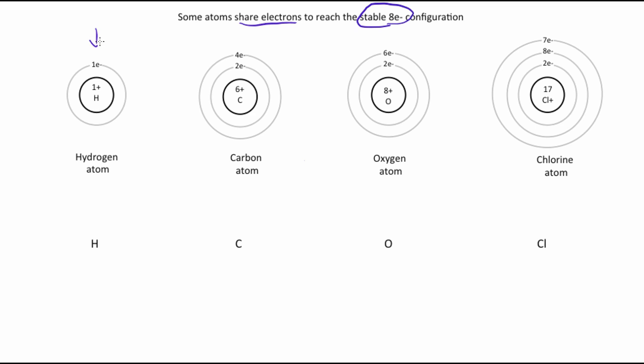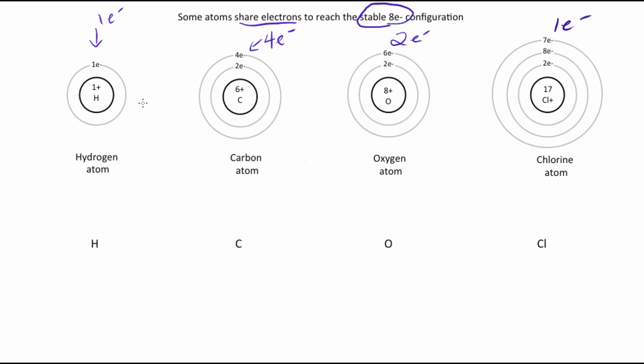If this hydrogen atom had one more electron, it would look like helium, so it would have a stable configuration of electrons. Carbon could take on 4 more electrons, oxygen could take 2, and chlorine is just 1 electron away from having an octet.